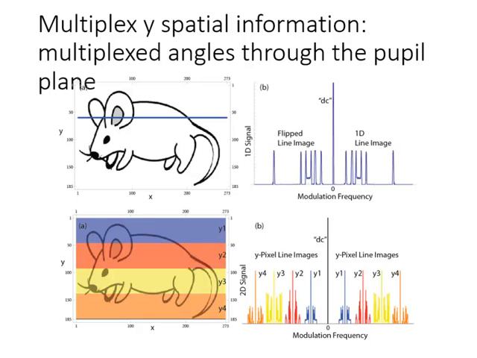So we finally arrived at the scan-free version of all of this, where we take our X-dependent information and encode it in a small portion of our electronic frequency spectrum, and then we multiplex different X line images from different Y locations at different regions of the electronic spectrum.